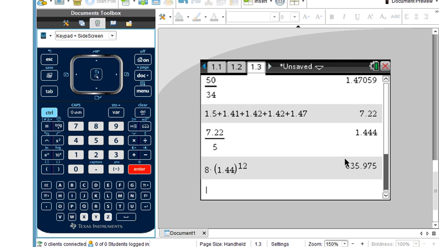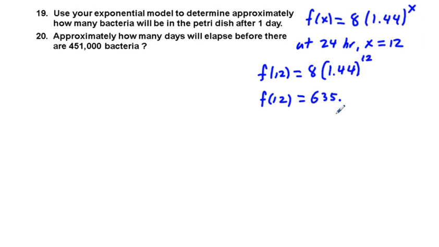The exact value, 635.975, is approximately 636. Okay, this says approximately, so we'll say approximately 636 bacteria. So that's our answer.